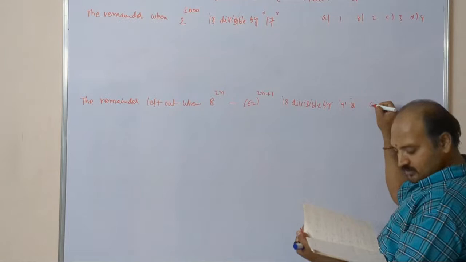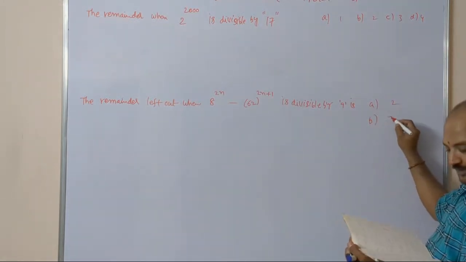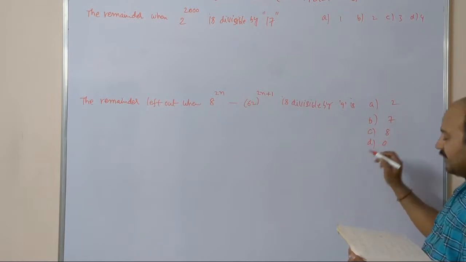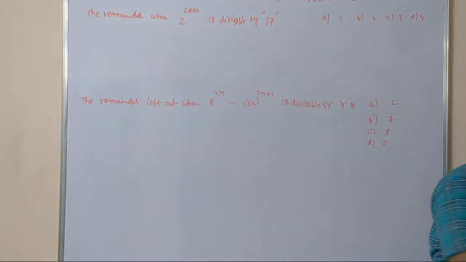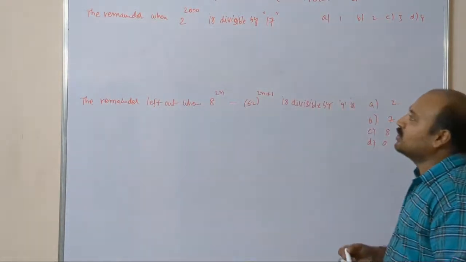The first option is 2, the second option is 7, the third option is 8, the fourth option is 0. Question number 2 is different, but both are divisibility questions only.